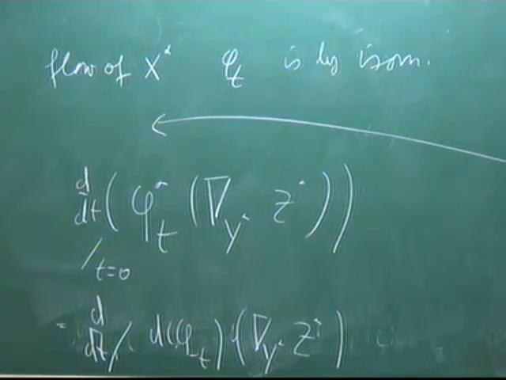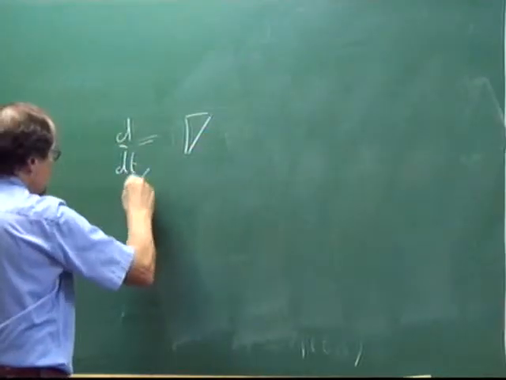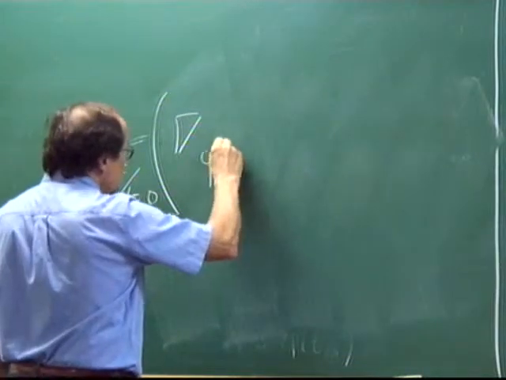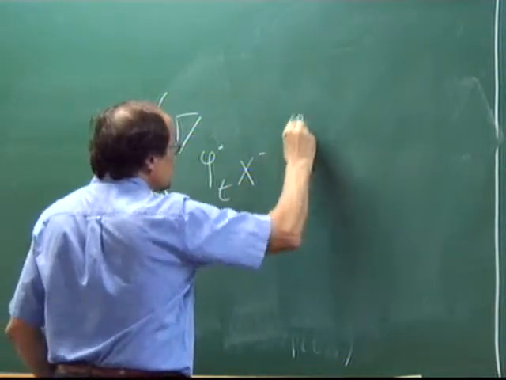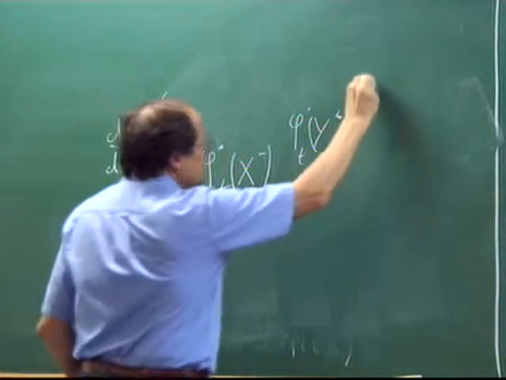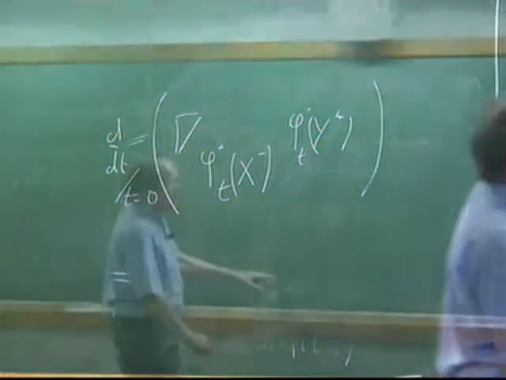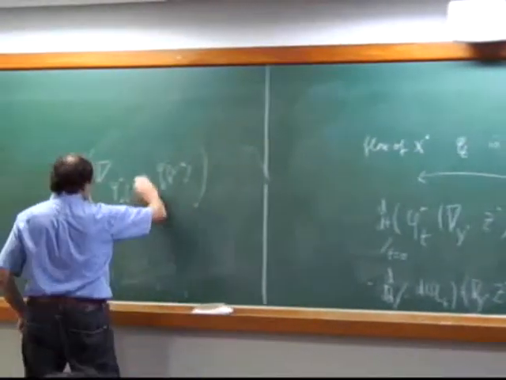And as isometries respect the connection, I can say it's the same thing as ∇ d/dt of, let's write like this again, phi^* X*, phi^* Y*, and it's a Y*, Z* here.